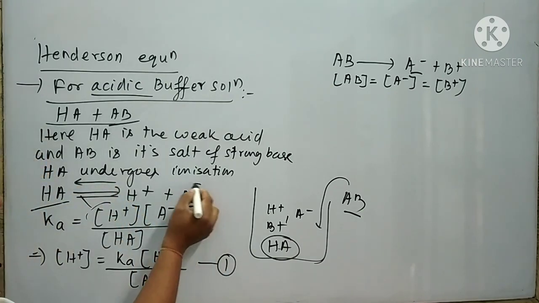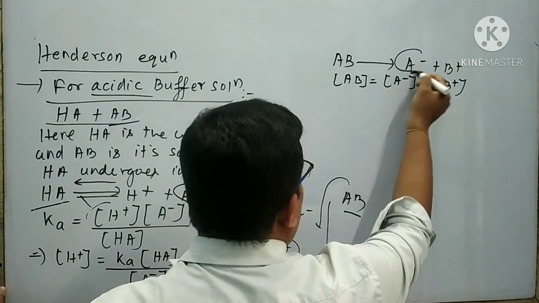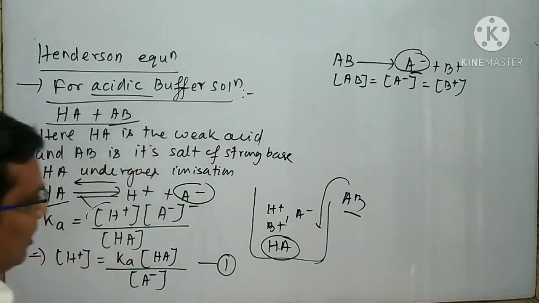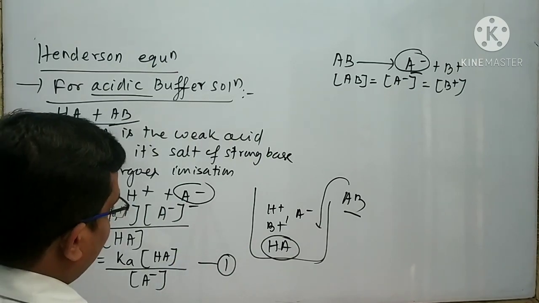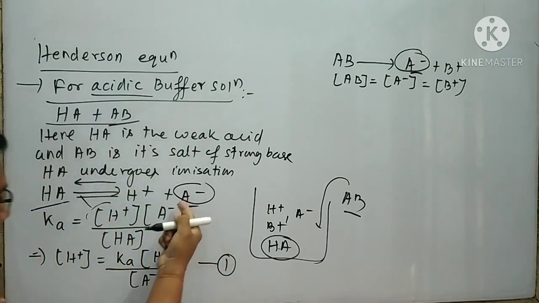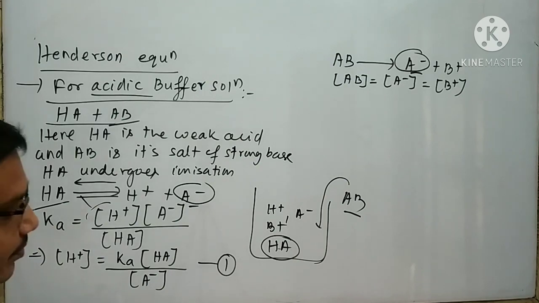Look at that, here A minus ion is the common ion. Here the concentration of A minus ion increases due to the addition of salt AB. As a result, the concentration of the product increases. That's why the direction of equilibrium shifts in the backward direction, which causes suppression of the dissociation of HA.